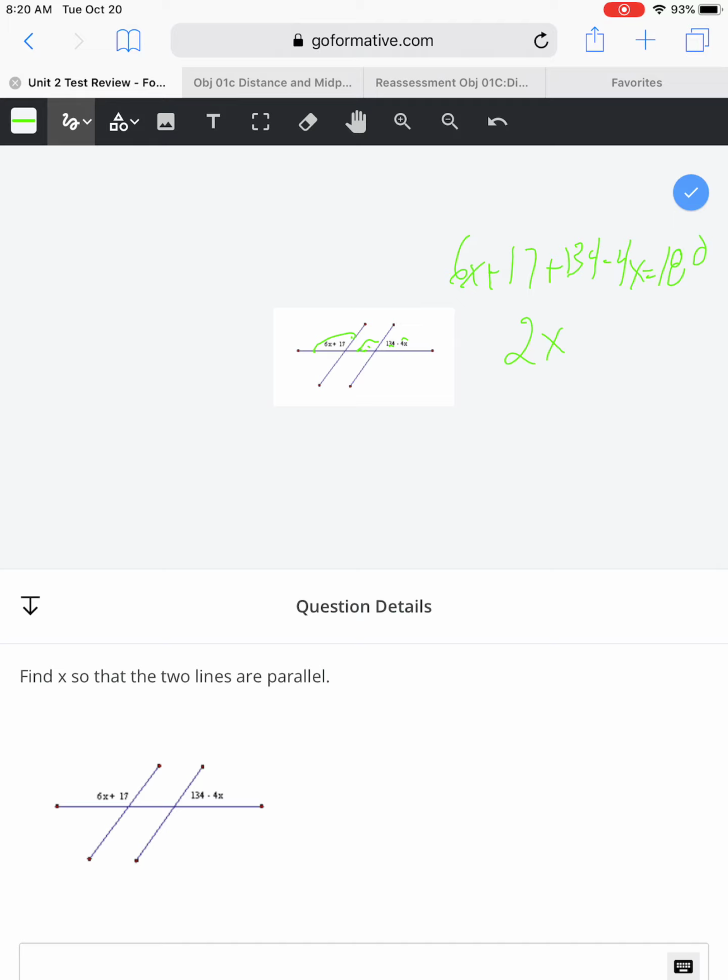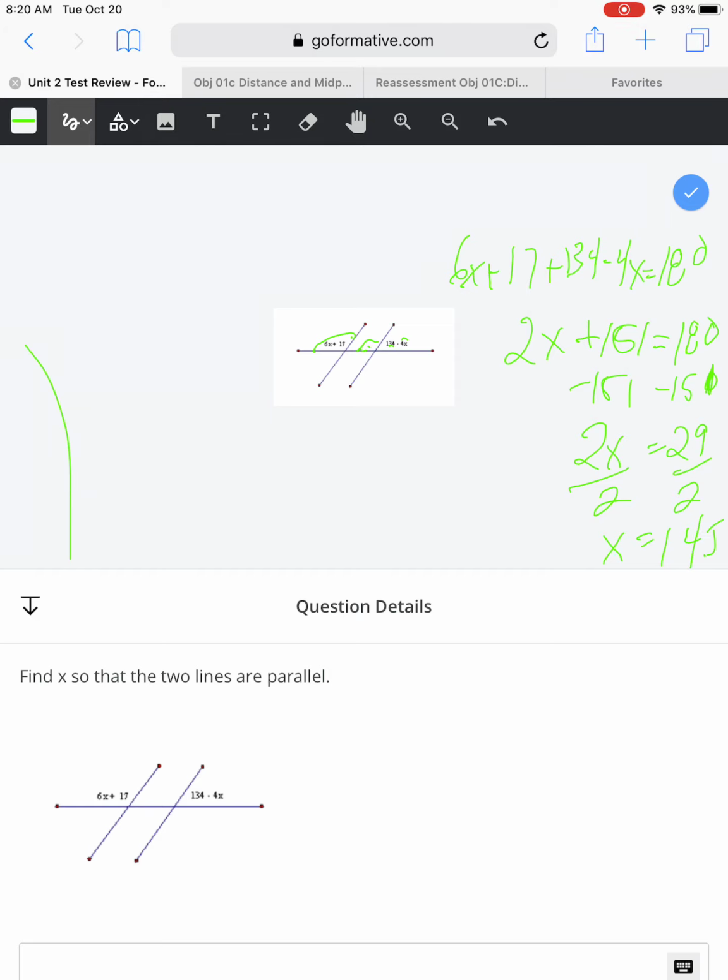So that's going to be 2x plus, I don't want to make any stupid mistakes. 151 is equal to 180, subtract 151, so that's going to be 2x is equal to 29, divide by 2, and it's 14.5, so x is equal to 14.5.